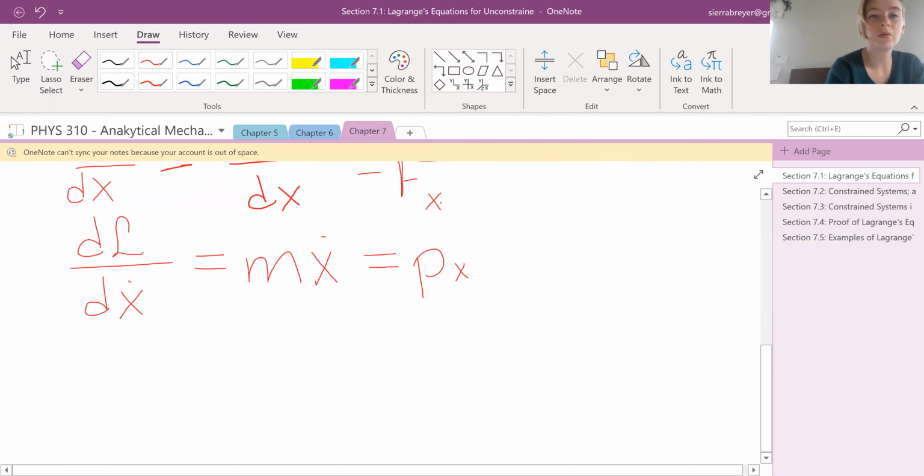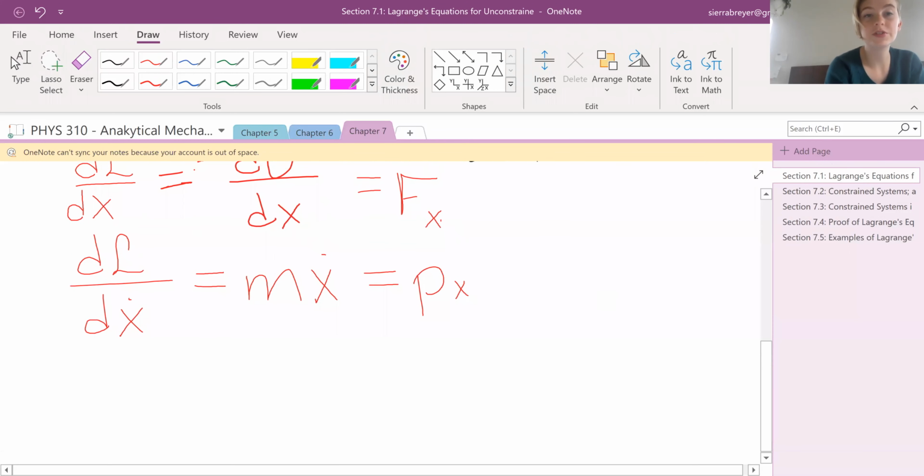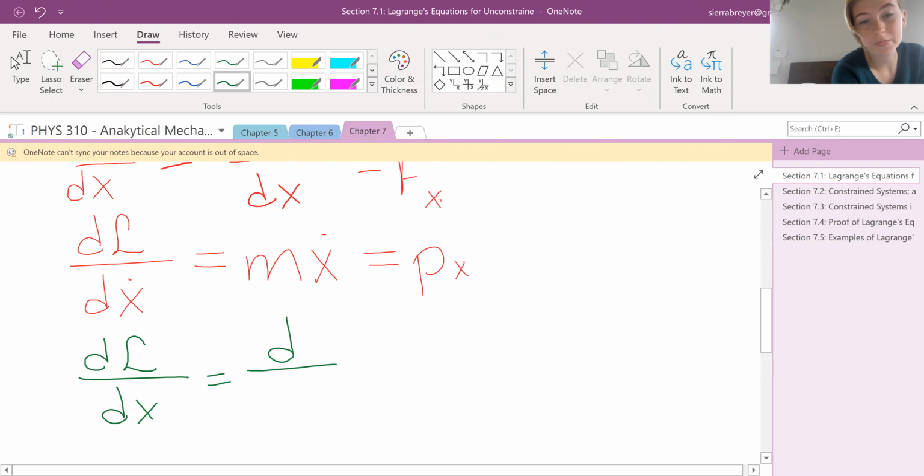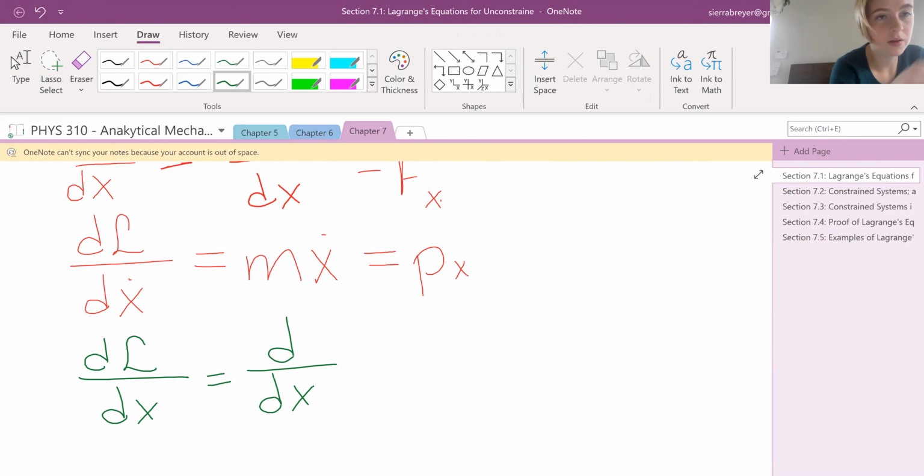But what we're getting really close to is the Euler-Lagrange equation that we've been dealing with. So I'm going to write that out here. That wasn't it. We're doing this with respect to time. All right.